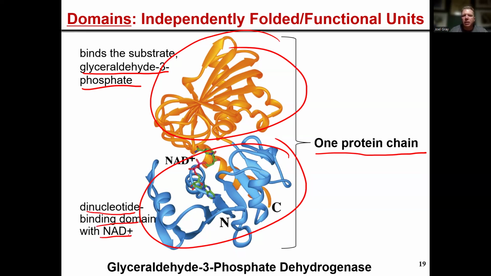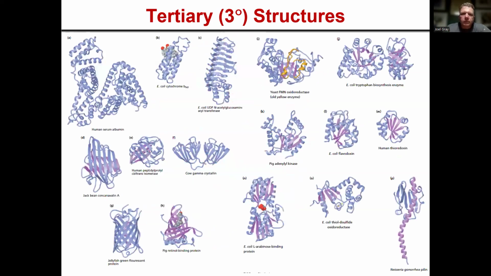It binds NAD+. This is all one polypeptide. And this is the case with many multi-domain proteins: you could cut these two in half, and this would be able to carry out its function, and this would be able to carry out its separate function. But they work together because they evolved to have that combined activity and combined function.